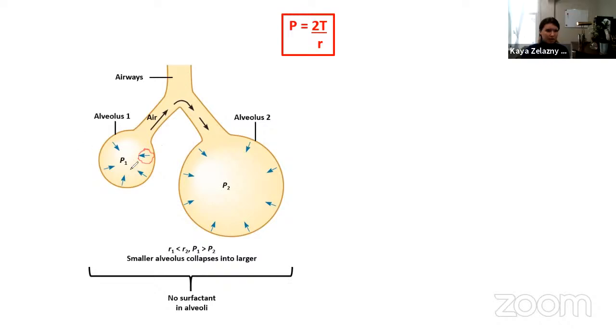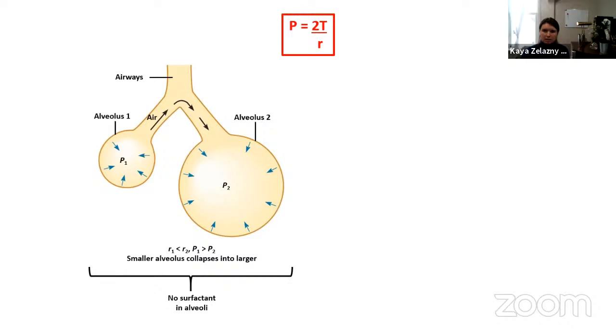So in order to do that, your body is going to try to make it so that this P1 and this P2 and the pressure in every alveolus is the same, so that we don't have air totally leaving some of our other alveoli. So that's going to be one of the roles of surfactant. Okay.